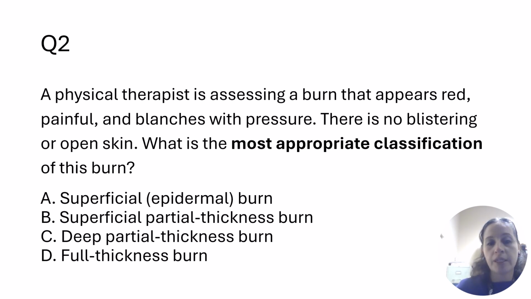And it's probably going to have blisters, which this one says there is no blistering, so it's not B. And then deep, usually they say it's more whitish. Sometimes they say leathery, waxy, shiny, stuff like that. But actually it becomes less painful or not as painful because everything is so damaged that the sensory organs are damaged too, and they can't really feel pain. Also the same with the full thickness. So it wouldn't be those in this case.